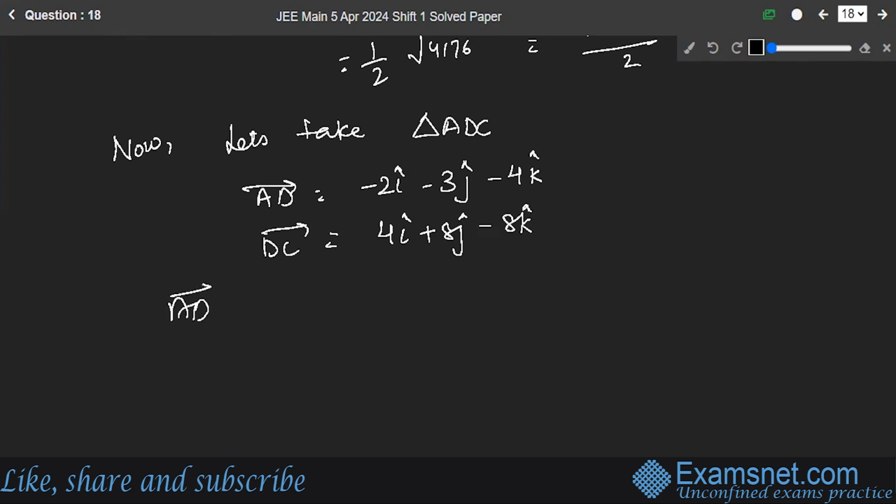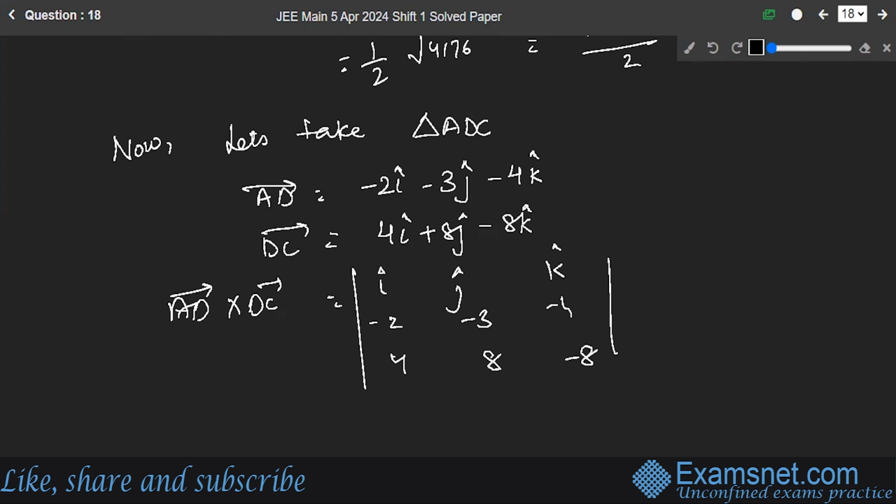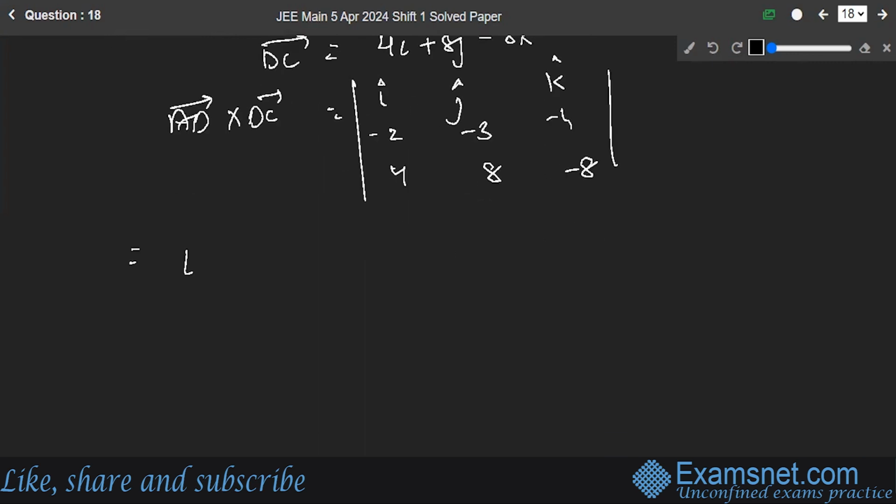Let's find out the cross product of both these vectors, AD and DC. This is I, J, and K. This is minus 2, minus 3, and minus 4, 4, 8, and minus 8. This is I cap, minus 24, 32.